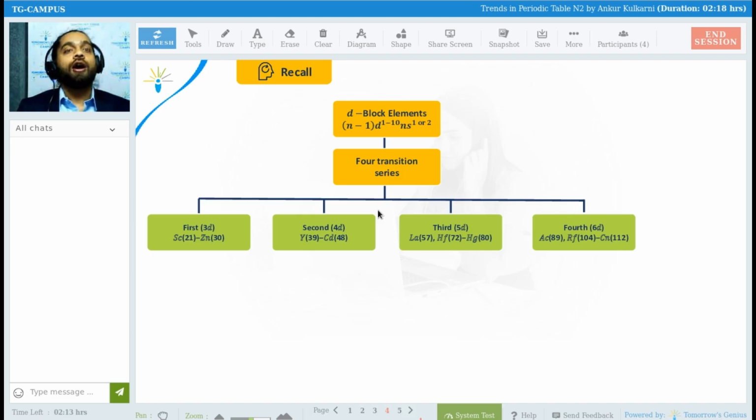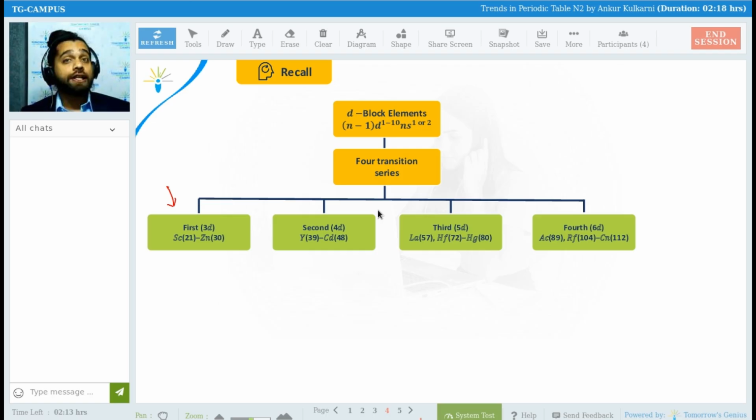We looked at how to write down and remember the elements from atomic number 21 to 30. So it is very important to remember this 3D series, maximum everywhere.